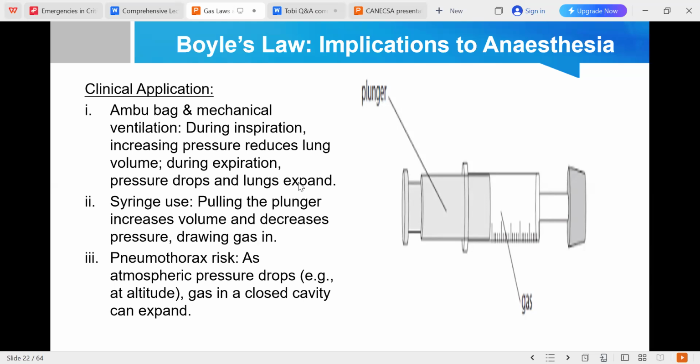In a patient with pneumothorax at high altitude, where the pressure reduces, the volume of the pneumothorax can increase. This can actually lead to tension pneumothorax with hemodynamic collapse.